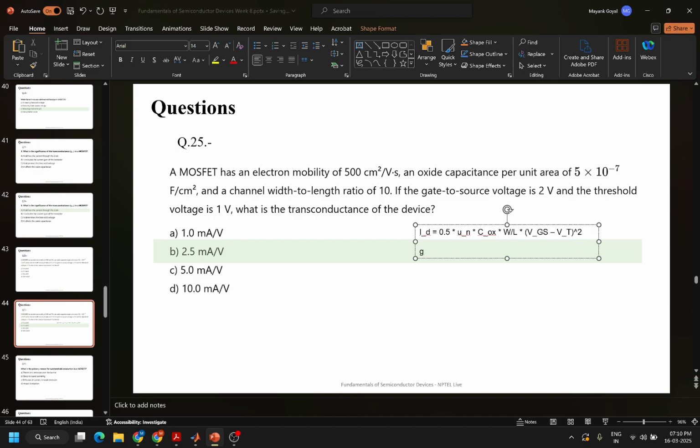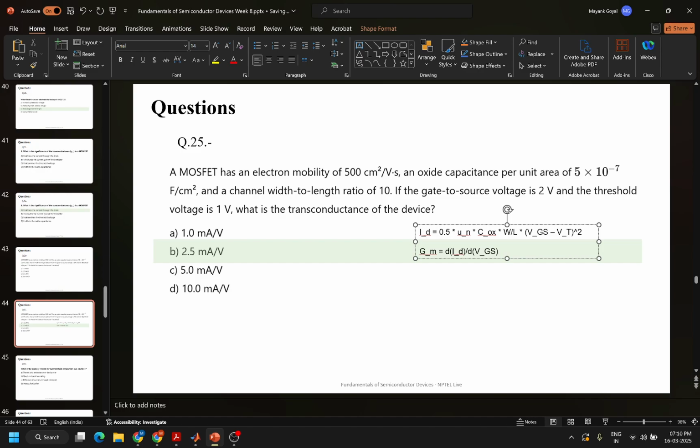My transconductance is given as d of ID by d of VGS.